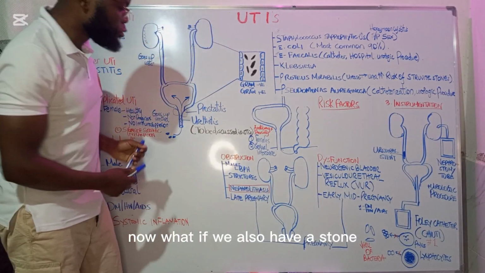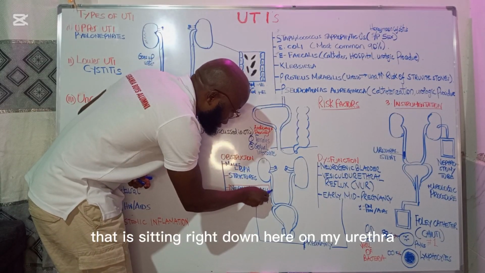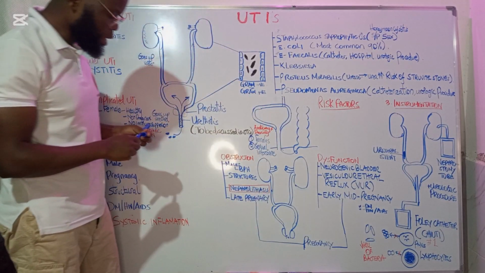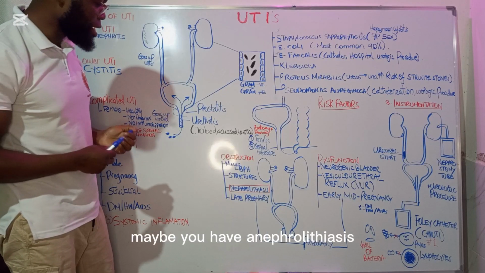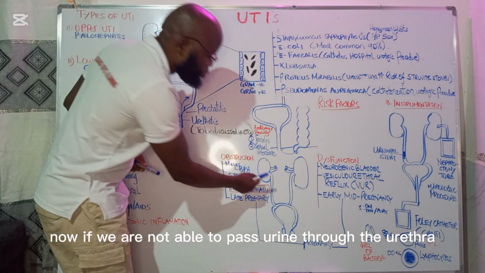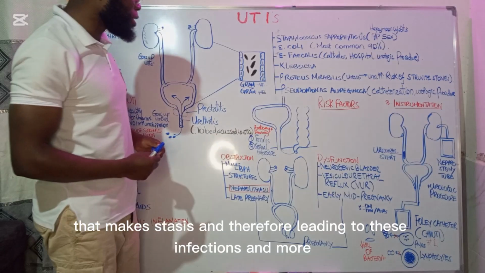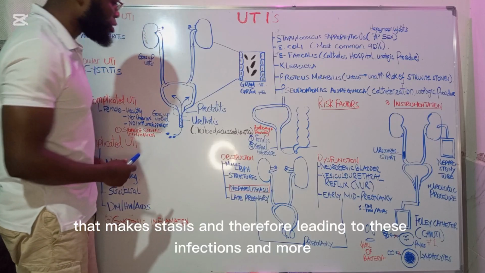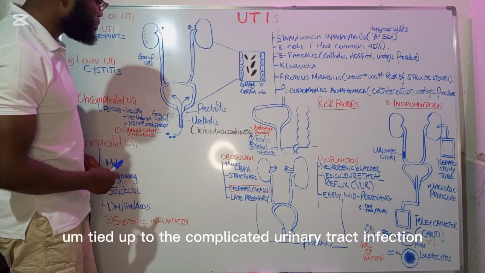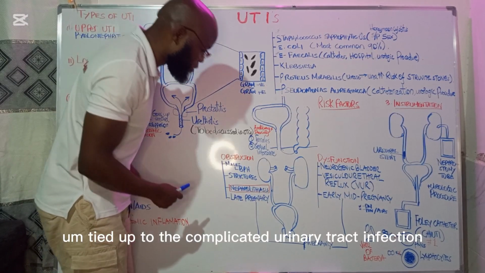Now, what if we also have a stone that is sitting right down here on our urethra? And we realize that maybe you have a nephrolithiasis. Now, if we are not able to pass urine through the ureter, that makes stasis and therefore leads to these infections and is more tied to the complicated urinary tract infection.